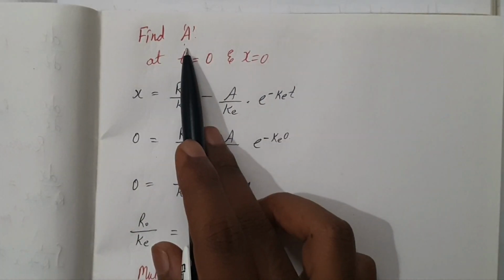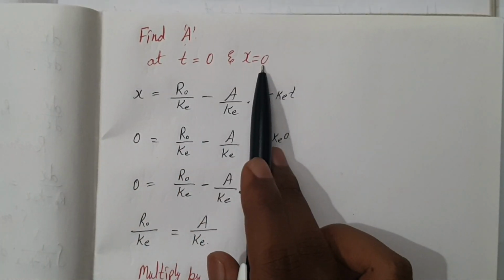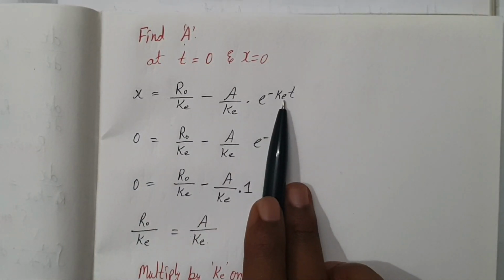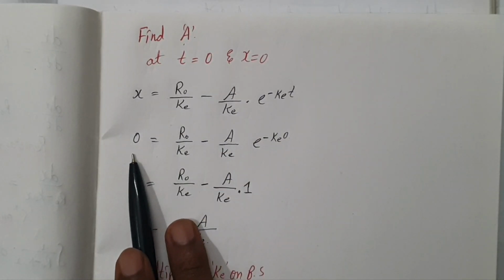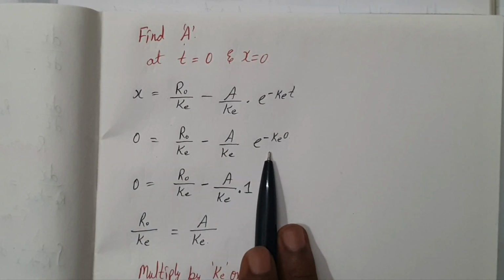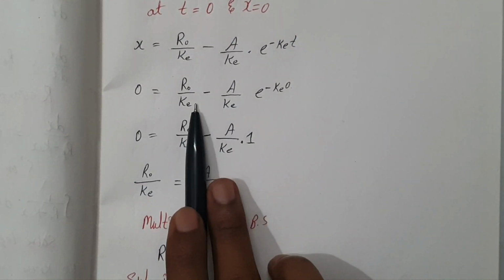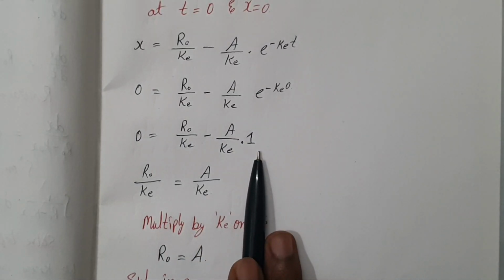Here we have to find A at time t equals 0 and X equals 0. In this equation, wherever you find X or t, replace it with 0. So our equation becomes this. When we solve this after replacing with 0, anything to the power 0 becomes 1.